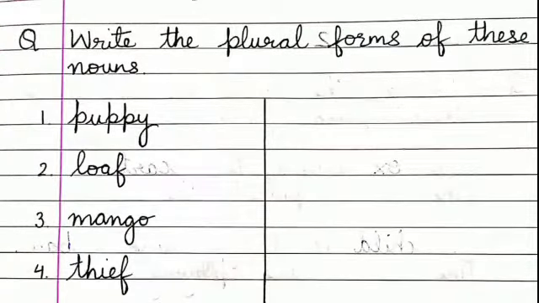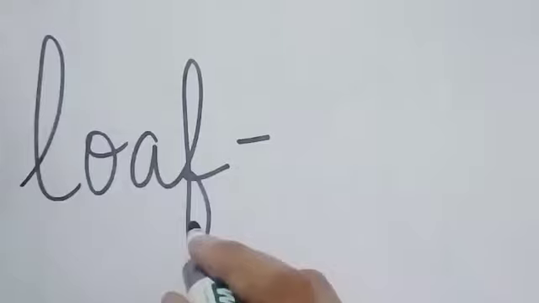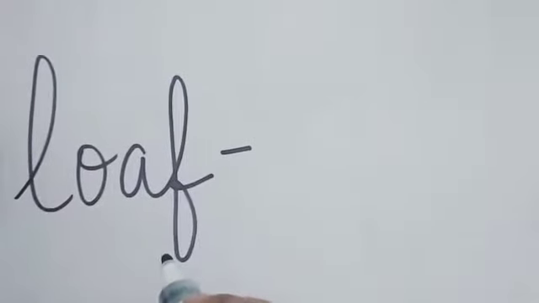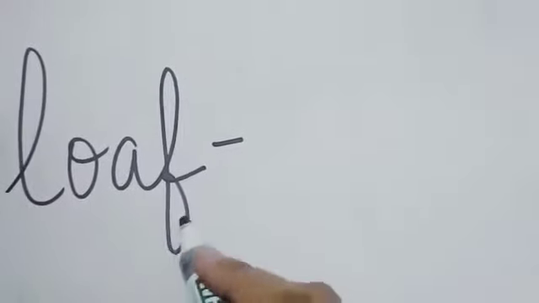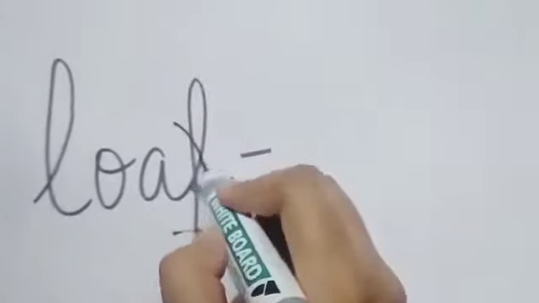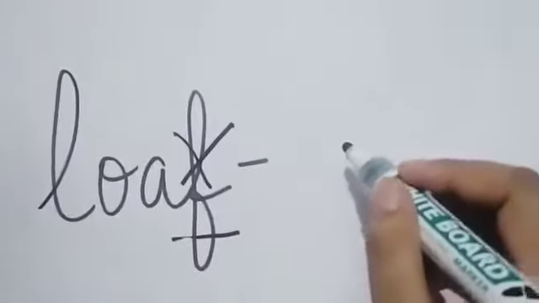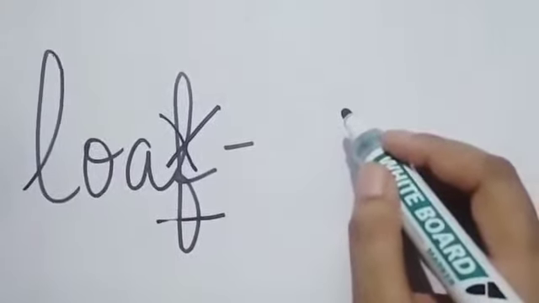Children, number 2 is loaf, and we'll see how to change the singular noun loaf into a plural noun. As we already know, in a singular noun, if a spelling ends with F, we are going to remove F and add VES to make it a plural form.